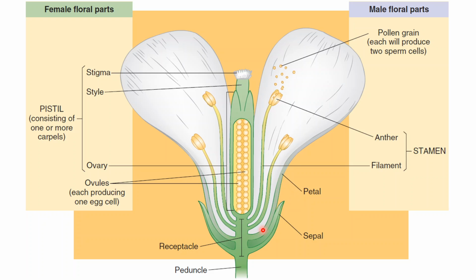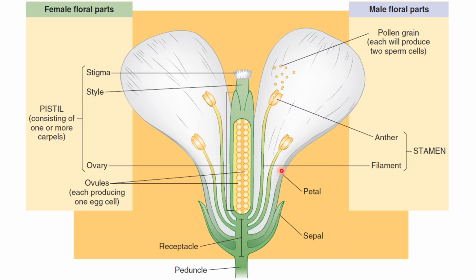So petals are usually broad, flat, and thin, but they are tremendously varied in shape and frequently have bright color that attracts pollinators.